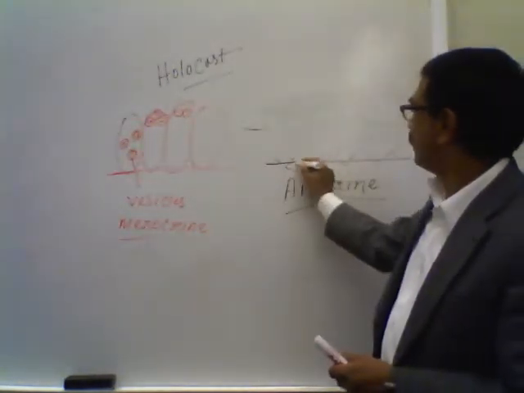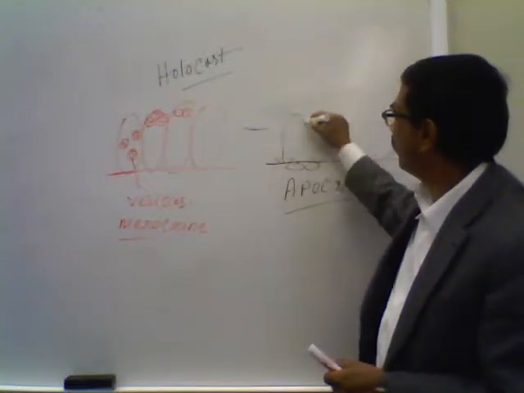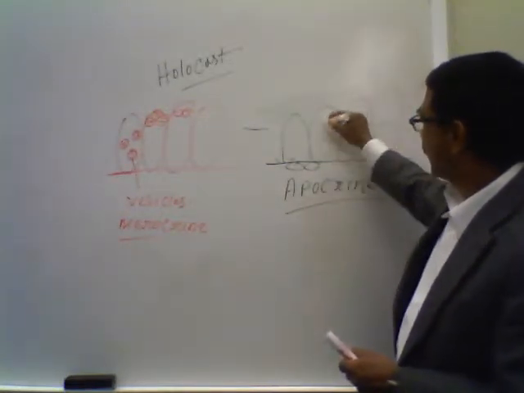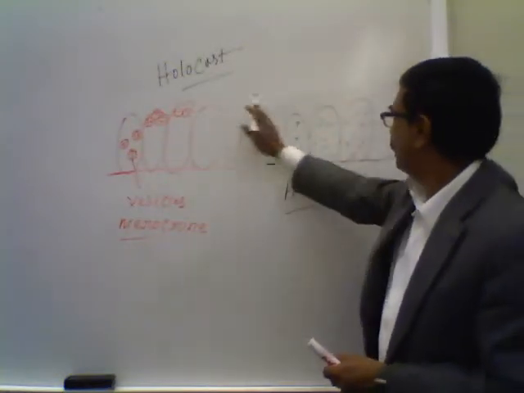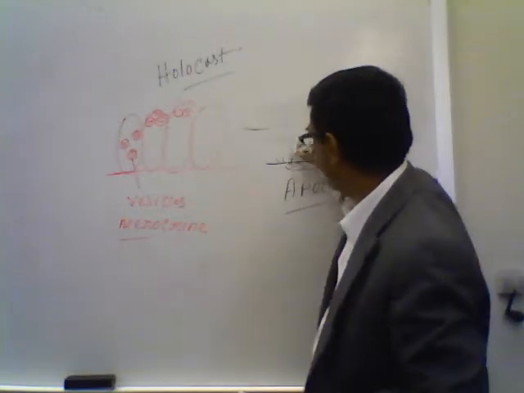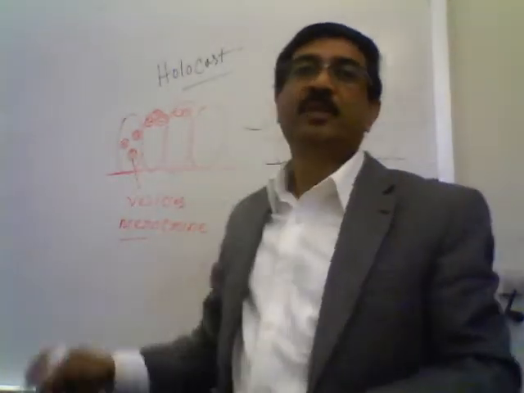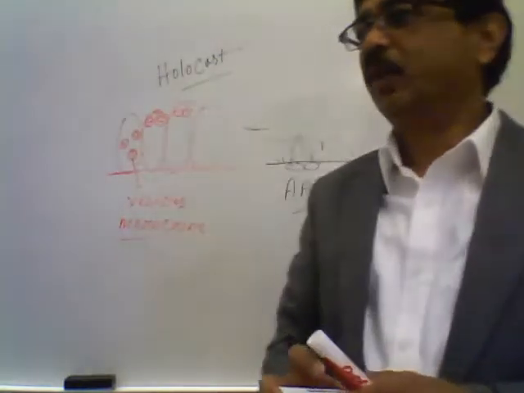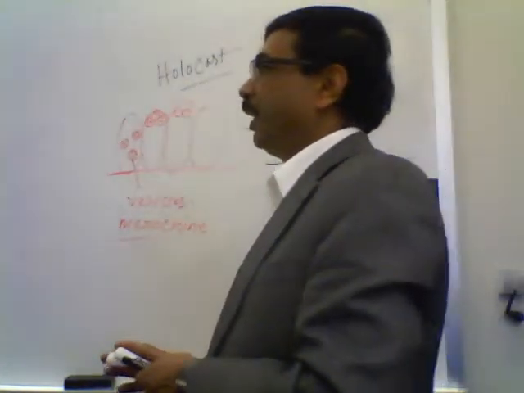From the stem cells, new cells will be formed. Again, the chemicals will be synthesized, will be produced, and the cells will die completely. Destruction. New cells from the stem cells will be formed again. Okay? So that is called the holocrine mode of secretion, and those glands are holocrine type of glands.